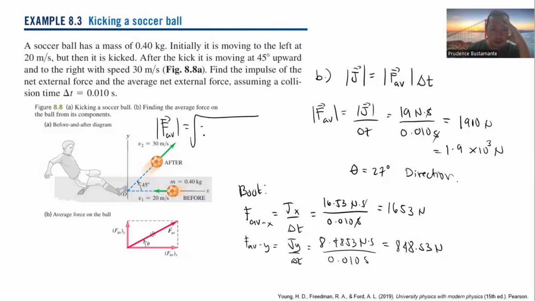To get the magnitude of F, square root of 1653 Newton squared plus 848.53 Newton squared.